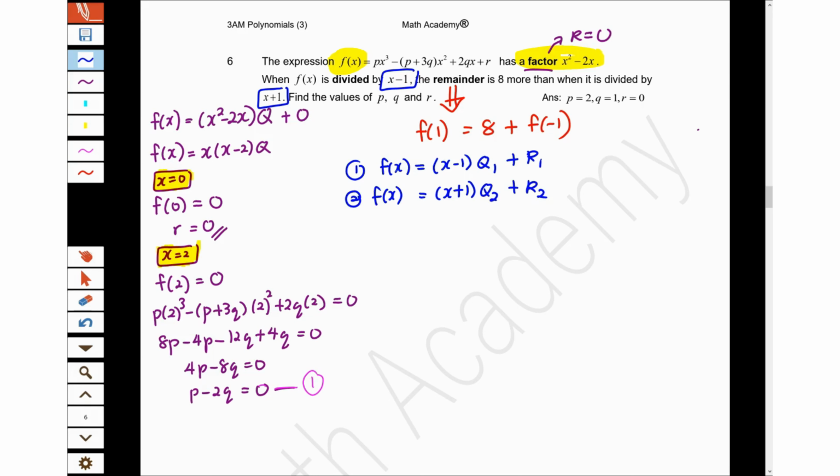For the first statement, let's observe when x is 1. When x is 1, we have f(1) equals 0 plus r1. So based on the first statement, f(1) equals r1.